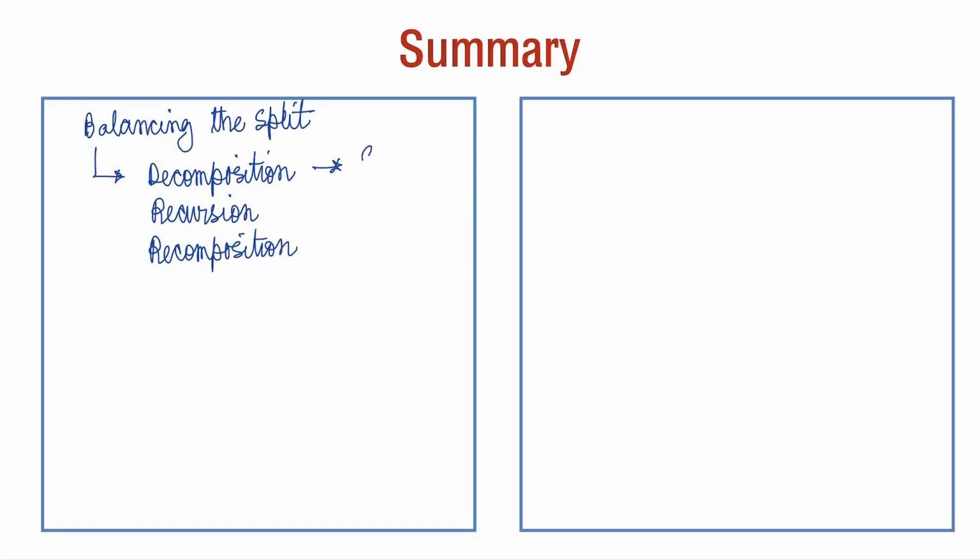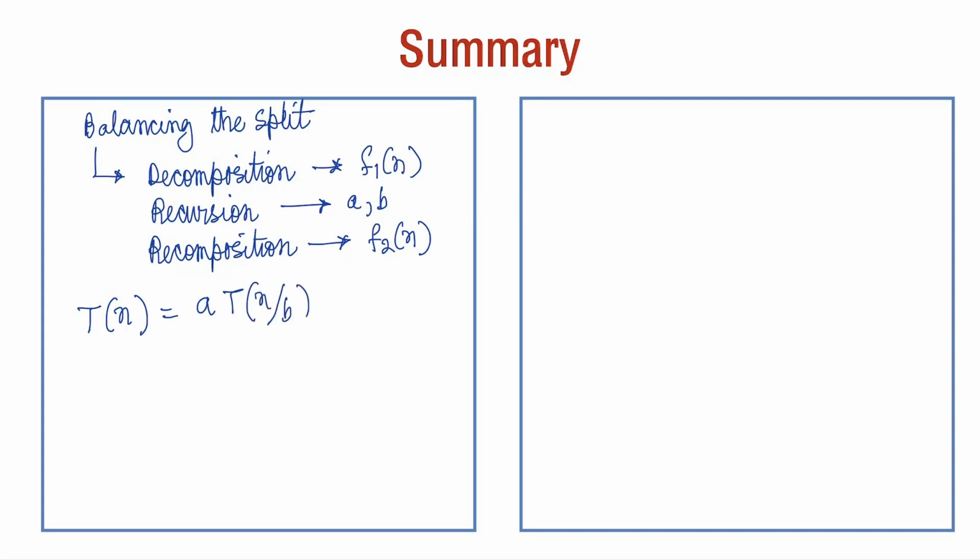This yields my f1(n), this yields my a and b, and this yields my f2(n), and my complexity is T(n) is equal to a T(n/b) plus f1(n) plus f2(n). I have not written the base conditions.